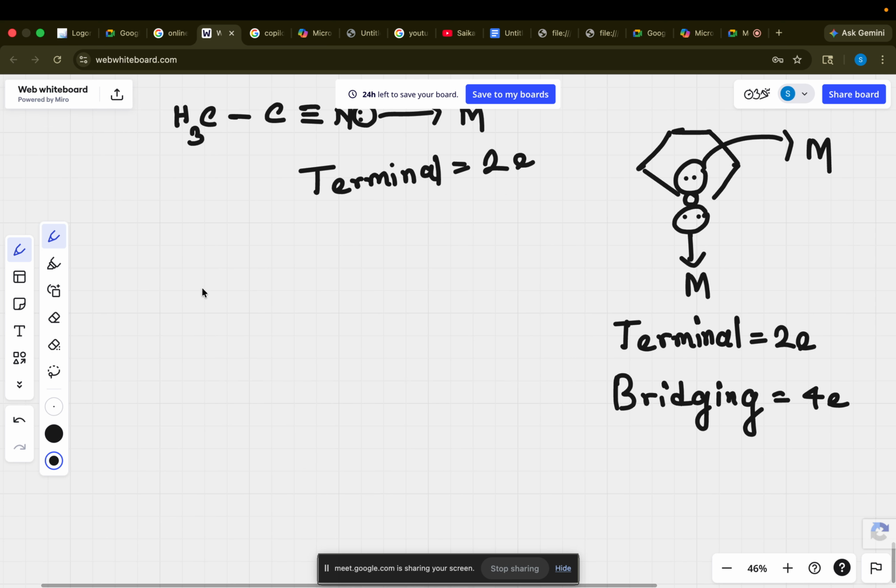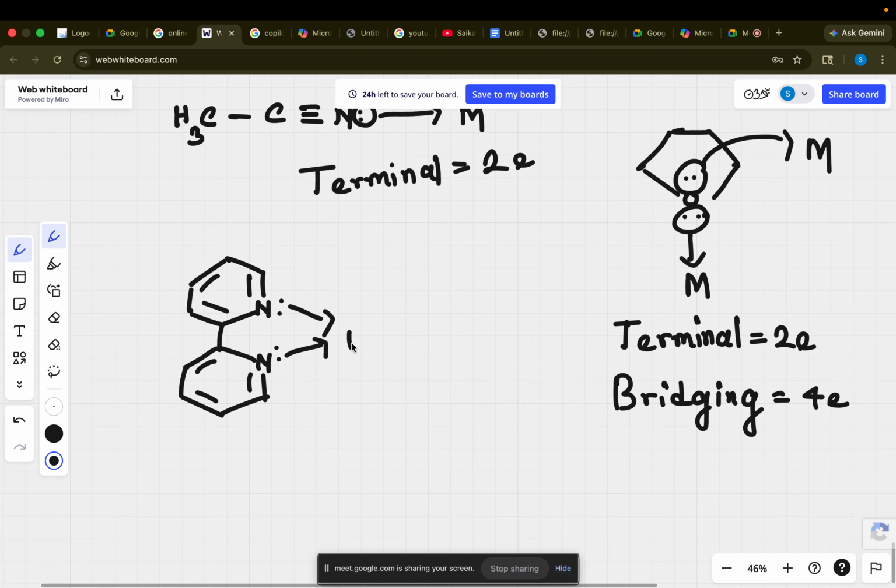Okay, fine. And another thing, suppose you have this. What is the name of this molecule? Not phenanthrene. There is a common name.